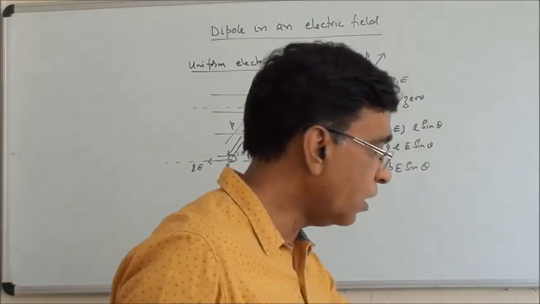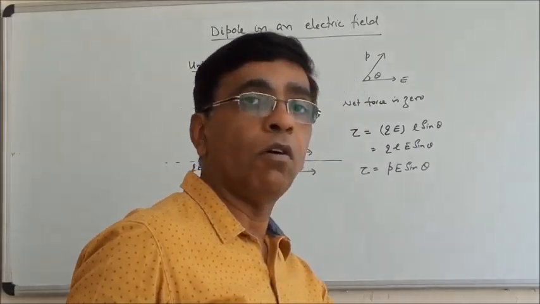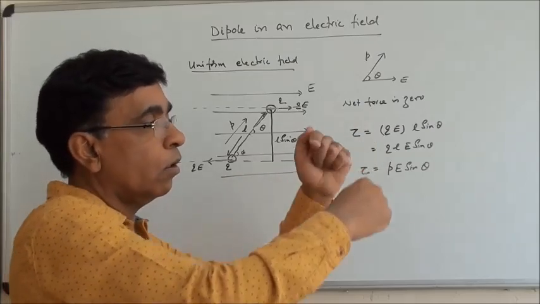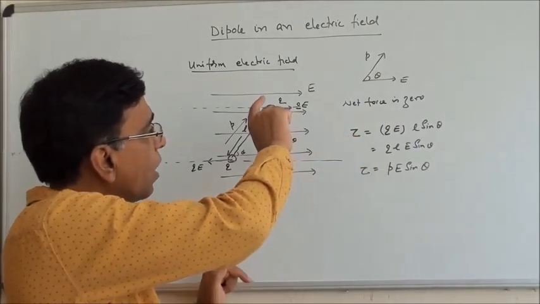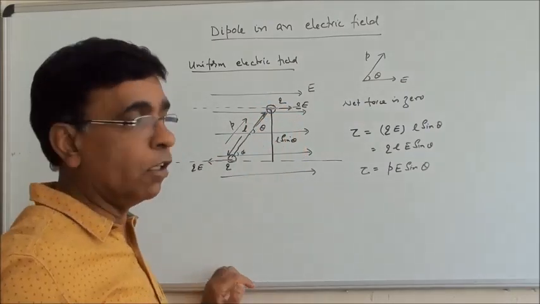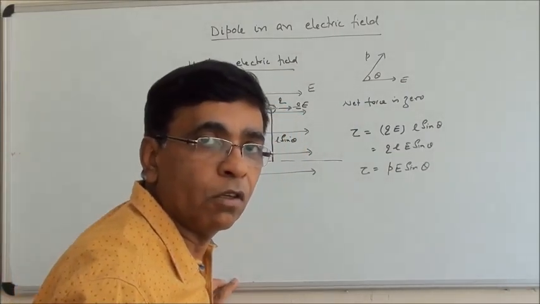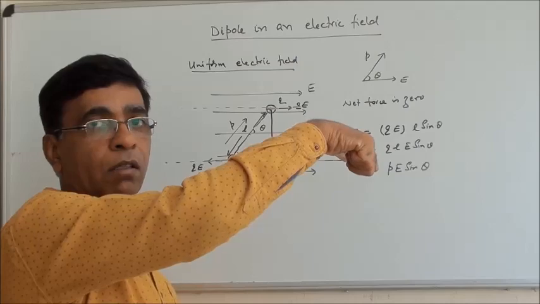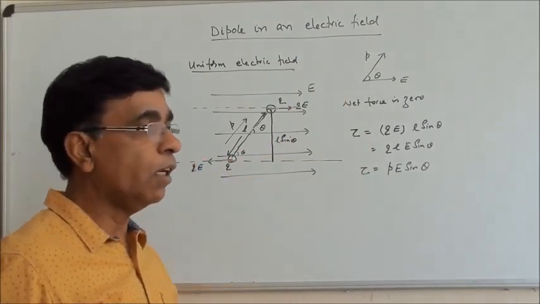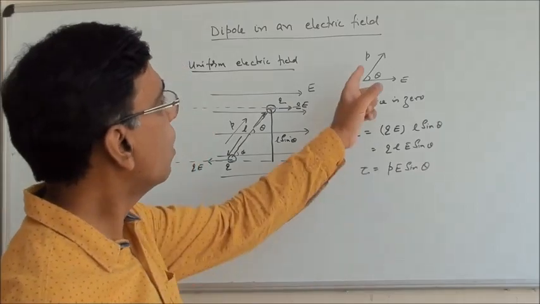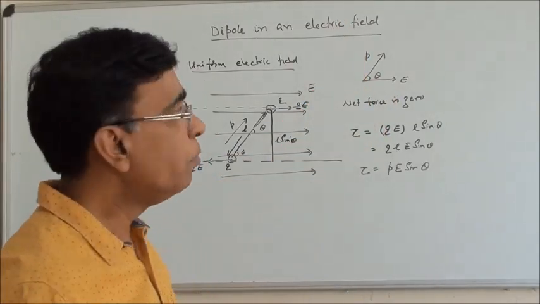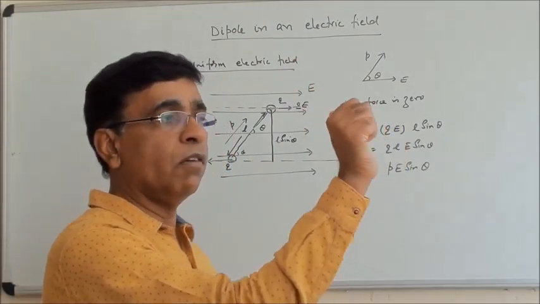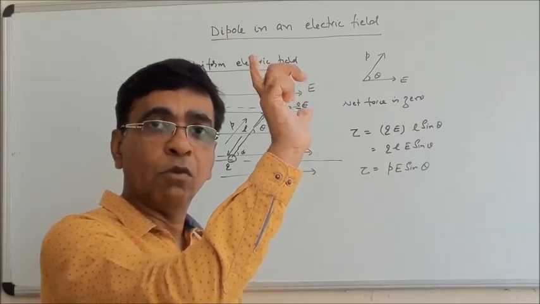Now let us see what the direction of this torque is. This dipole is rotating clockwise, trying to come along the field. How do we find the cross product of two vectors? Suppose I ask you to find P cross E and E cross P. We use the right hand screw rule: turn your fingers from the first vector to the second through the smaller angle.